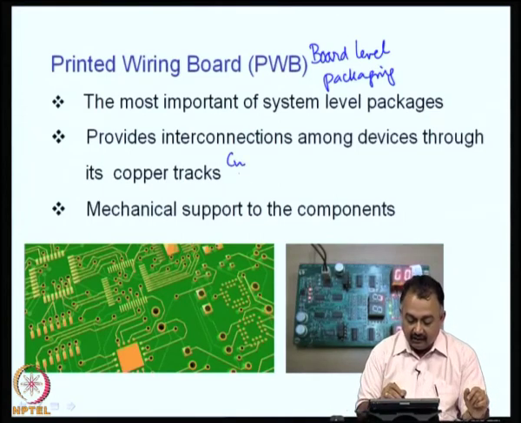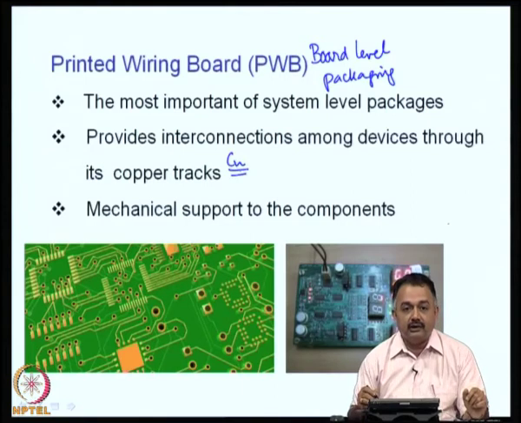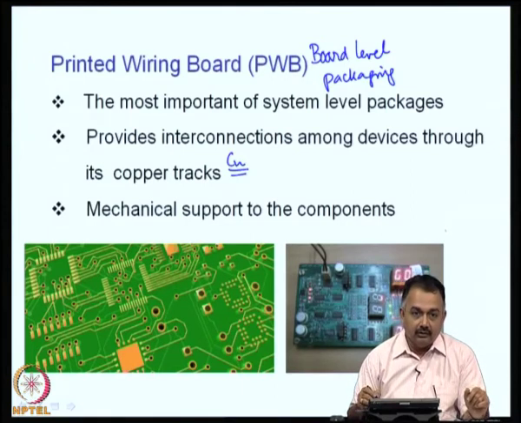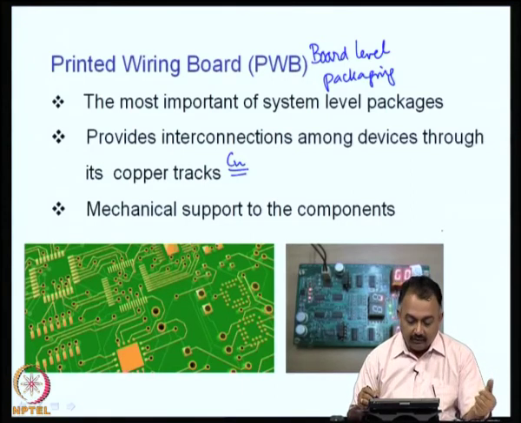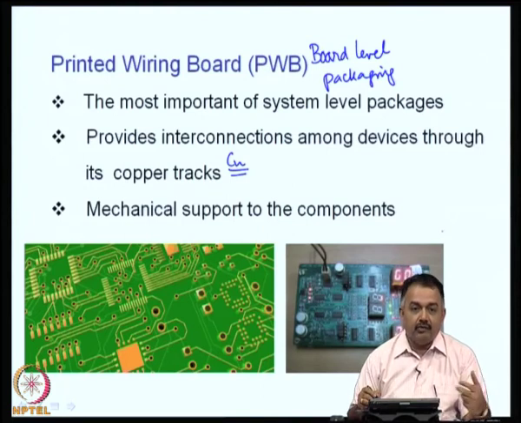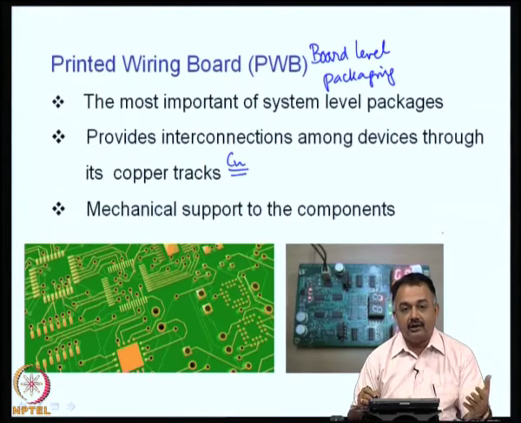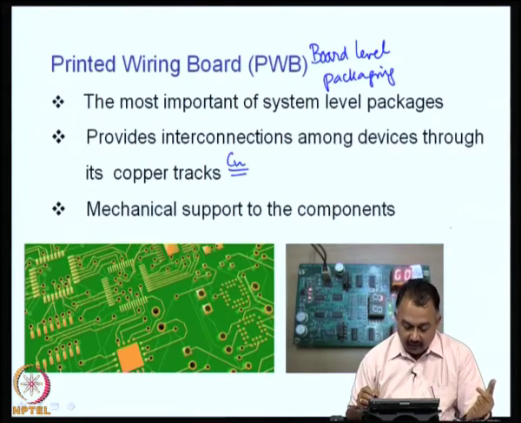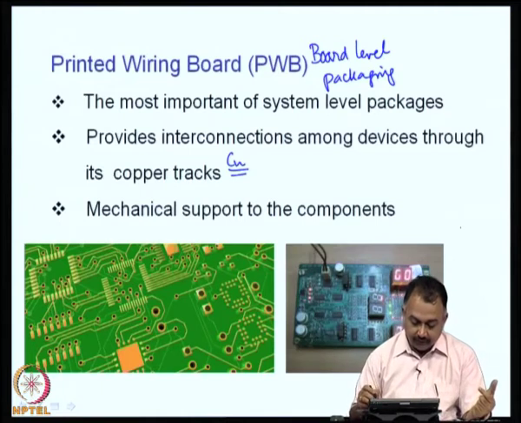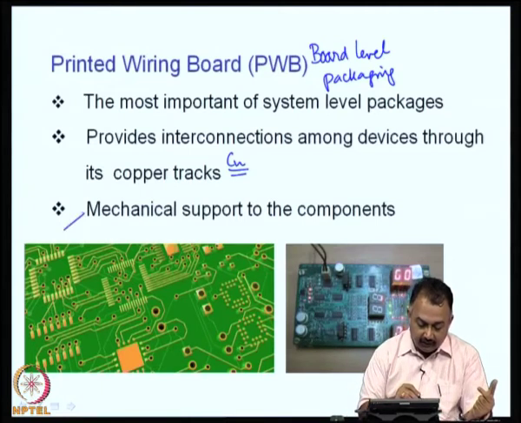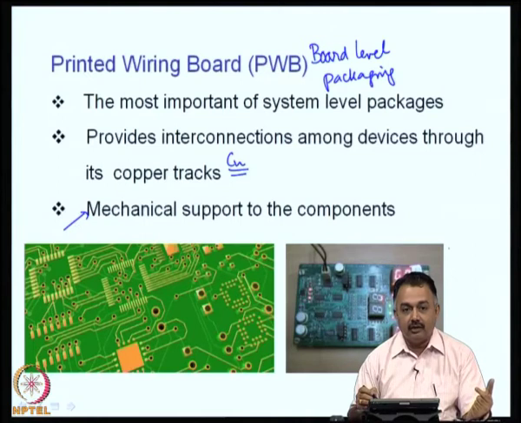So, the basic conductor that is used in this industry is copper. Copper is the best conductor, but we will see when we come to the PWB technologies chapter that apart from copper, the basic copper structure is built or strengthened by other conductors to enable soldering or attachment. The important thing is it provides good mechanical support to the components.